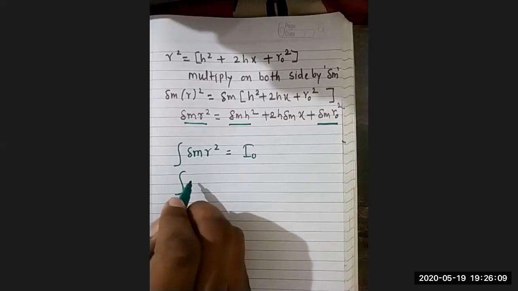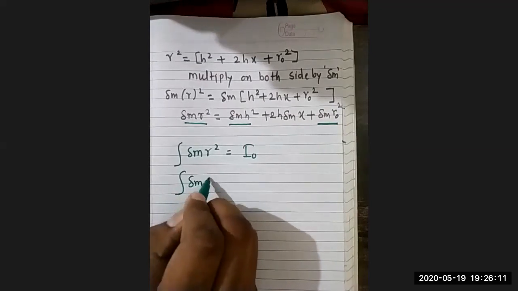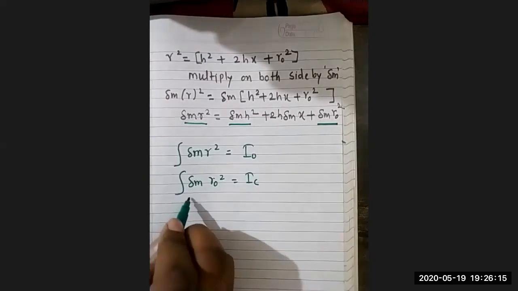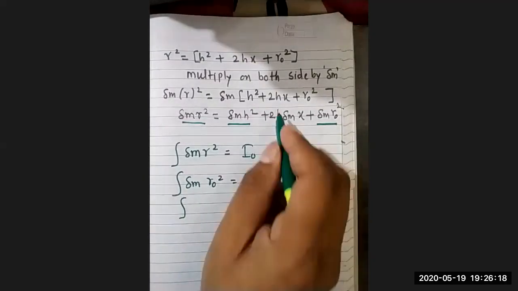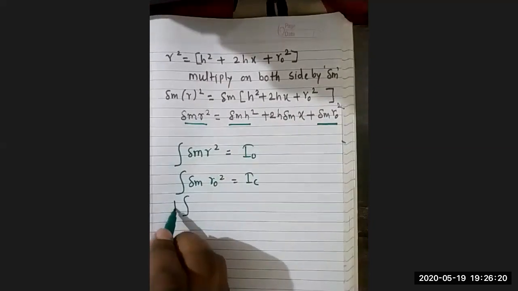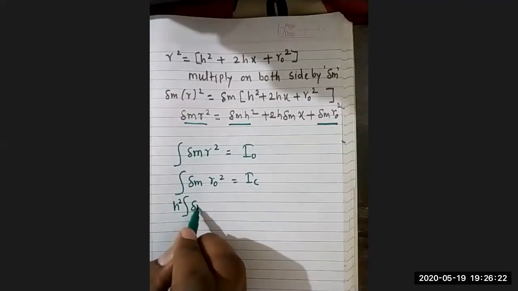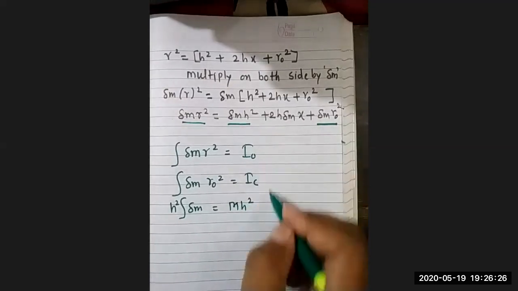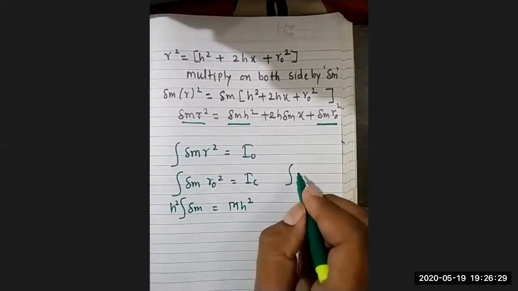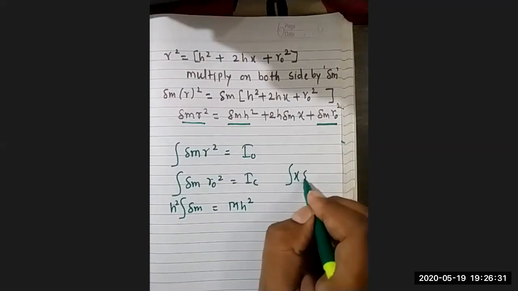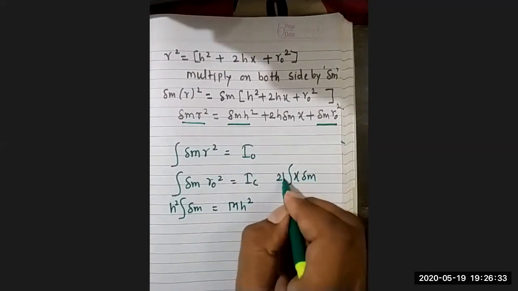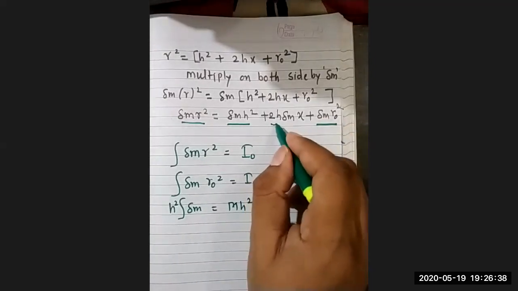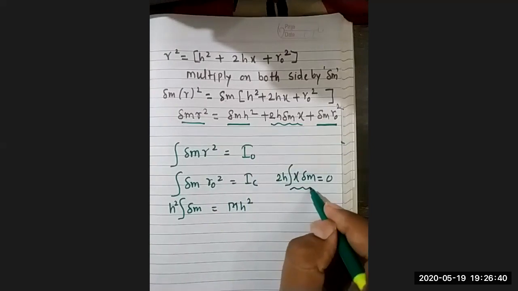Integration of delta M into R0 square is equal to IC. For H square, it will come outside, and the integral of delta M will be equal to M into H square. Integration of X delta M into twice H will be equal to 0. So these four terms we need to place over here.